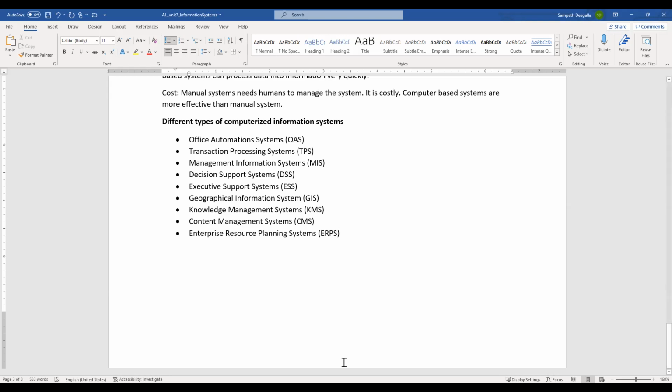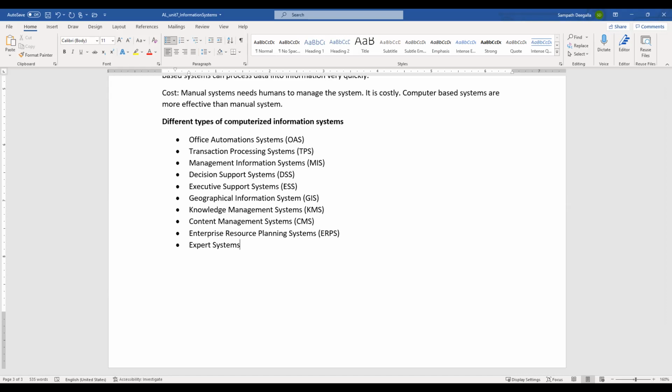Then we have smart ones. We have expert systems, right? Enterprise resource planning, expert systems, where we have an artificial intelligence based system where you can query the knowledge base.